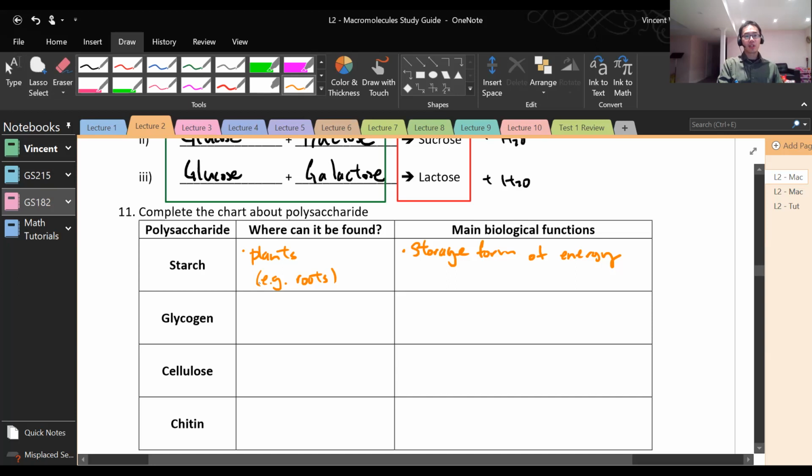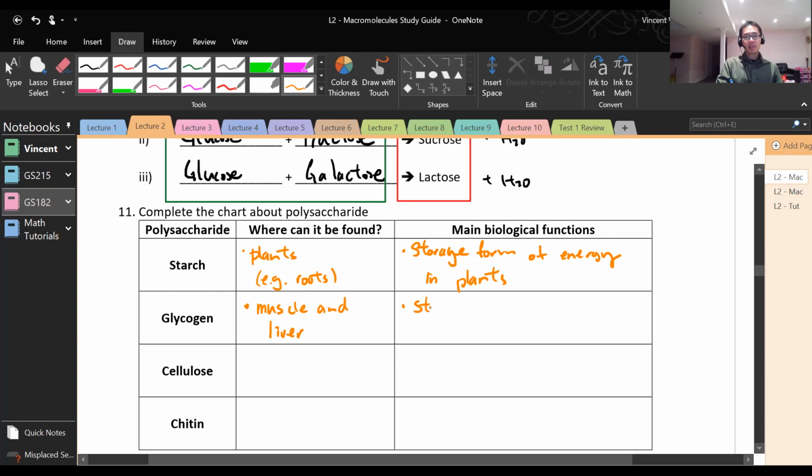Next one, glycogen. What is glycogen? Glycogen we will find in muscle and liver of animals. And it's the storage form of energy for humans. I should say the first one is storage form of energy in plants.